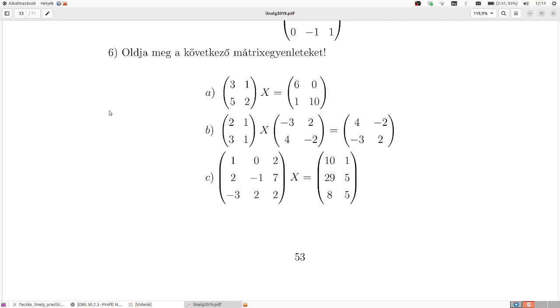So I multiply this by the inverse from the left side and also from the right side by the inverse of B. So it means that per definition that's E, and this one is, okay.